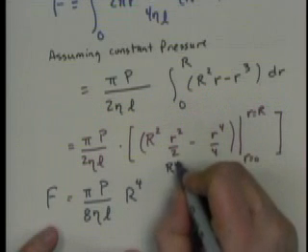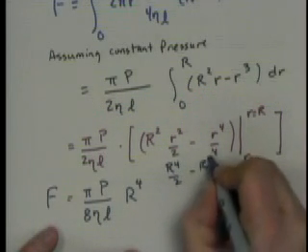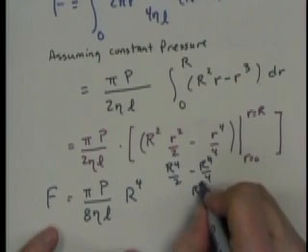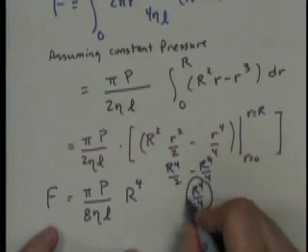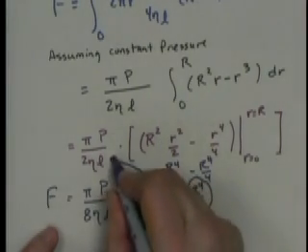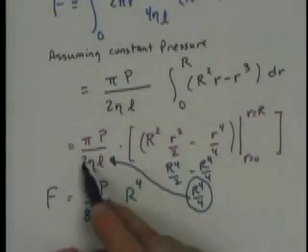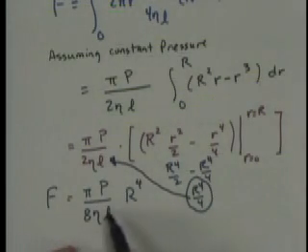So this ends up being R to the 4th over 2 minus R to the 4th over 4, which is R to the 4th over 4. And when I take the R to the 4th over 4 from here, times the constant in front, the 2 that's there times the 4 gives me an 8.